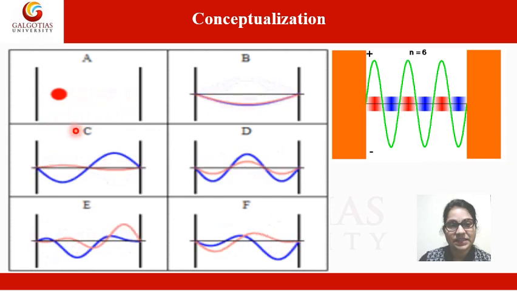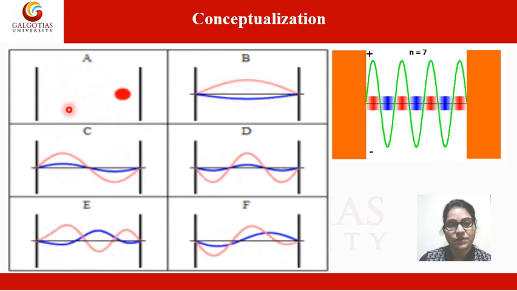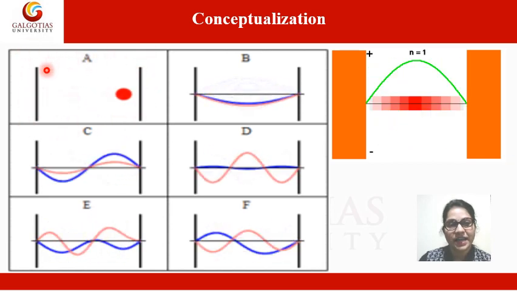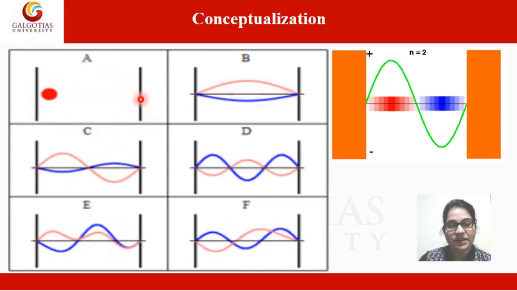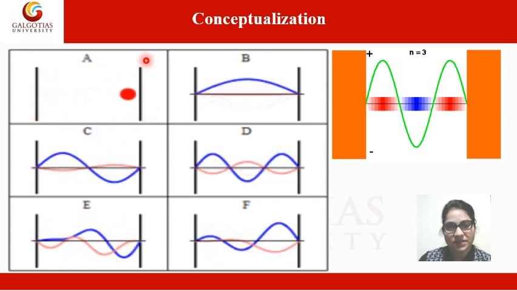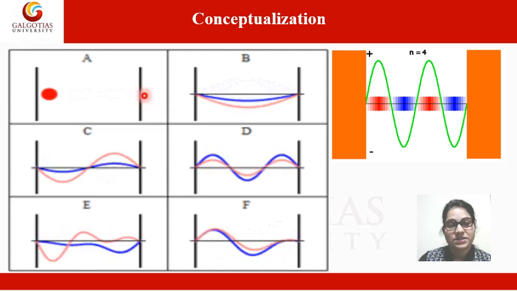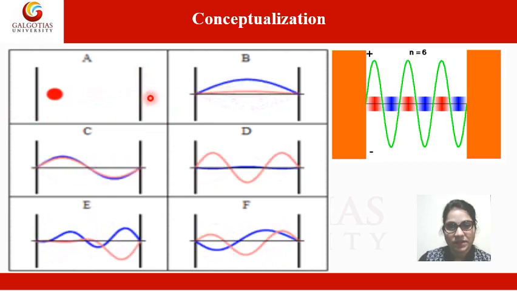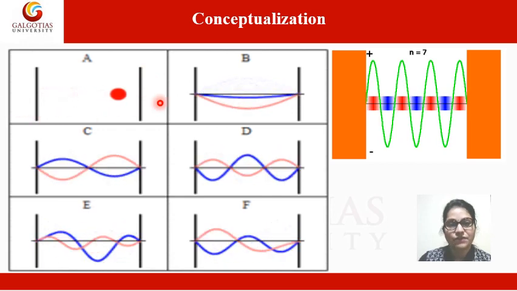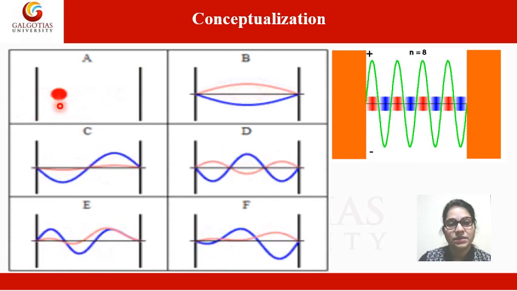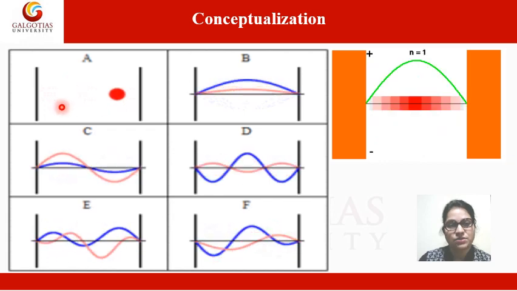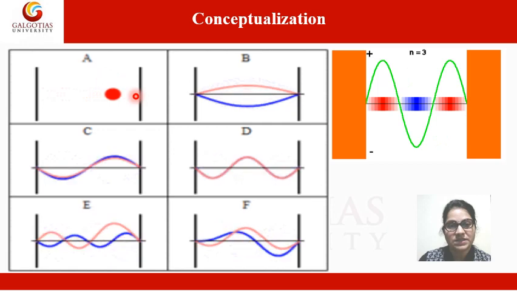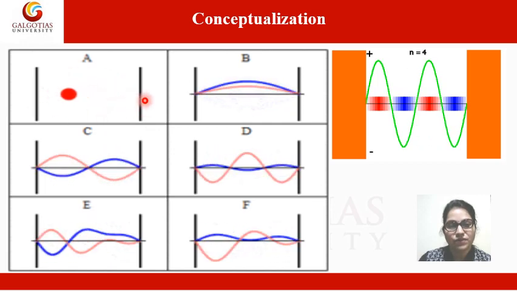You can see this is the whole system, an electron constrained in a potential that is infinitely long. The electron can exist only in this region, and after this boundary it is impossible for the electron to exist. So outside this region the wave function is 0, because the particle is only confined in this region. Whatever the wave function of the particle, it exists only in this region, and on the boundary the wave function should vanish.